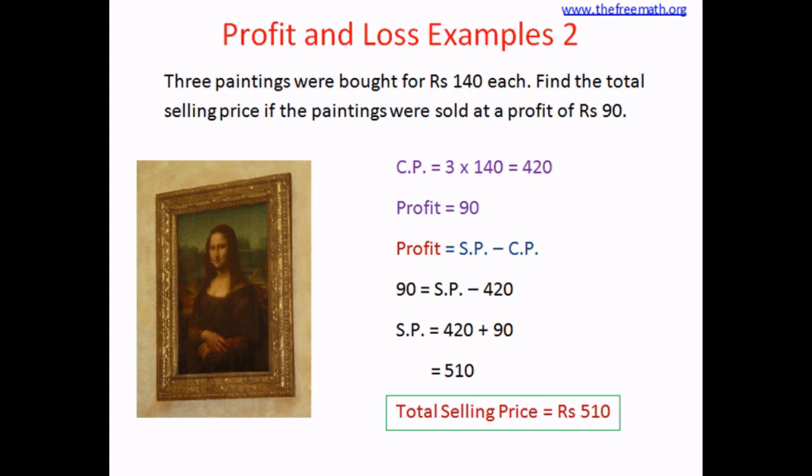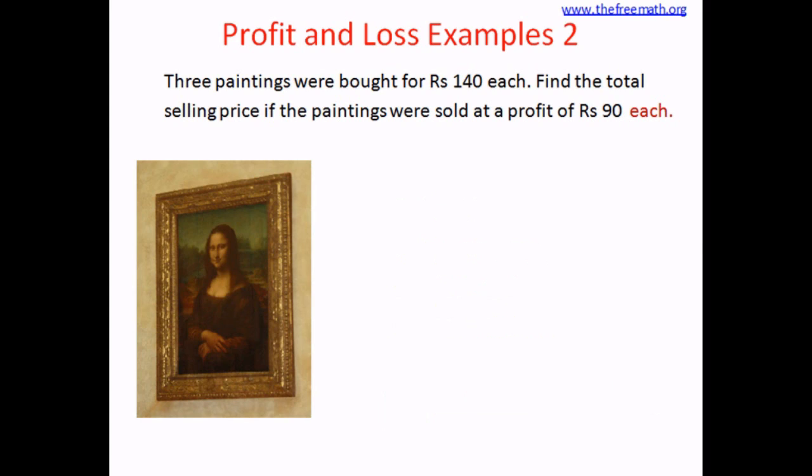Now what I am going to do next is modify this problem a little bit. The rest of the problem is going to be exactly the same, but I am going to add one word at the end. Find the total selling price if the paintings were sold at a profit of 90 rupees each.